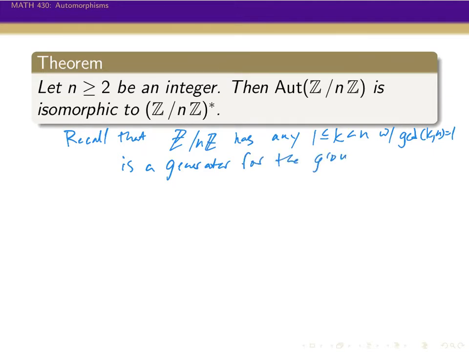So the generators of Z mod nZ are all the positive integers less than n that are relatively prime to n.